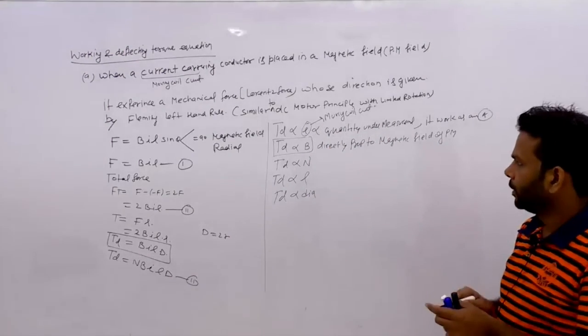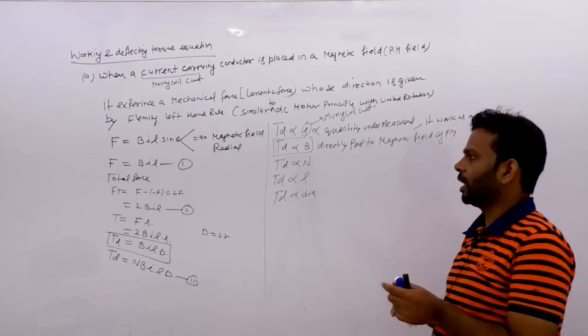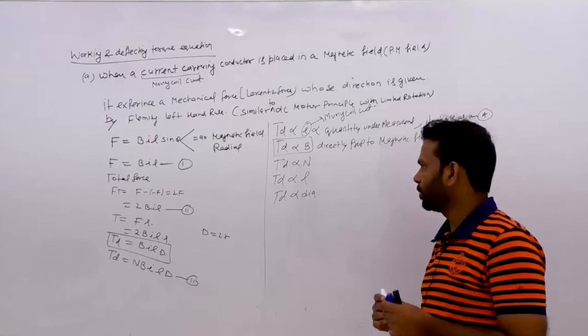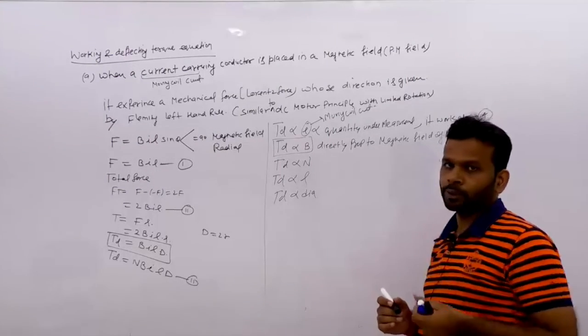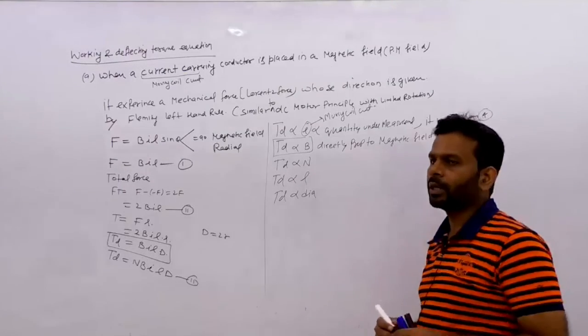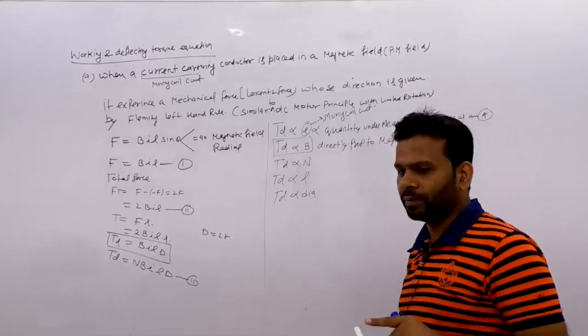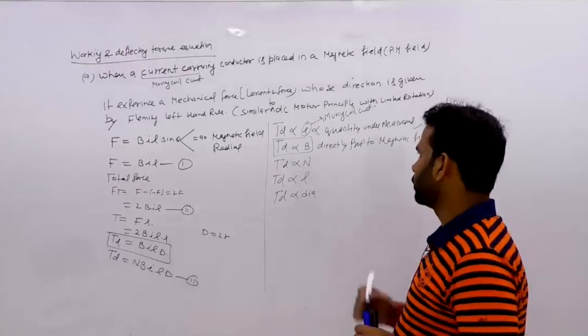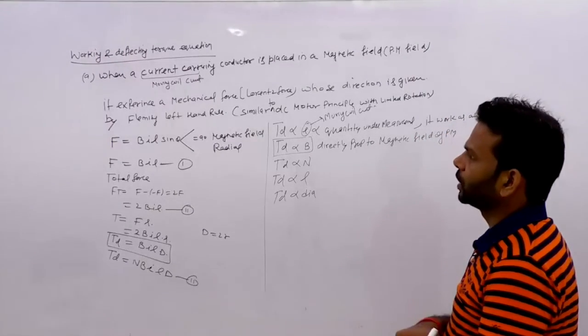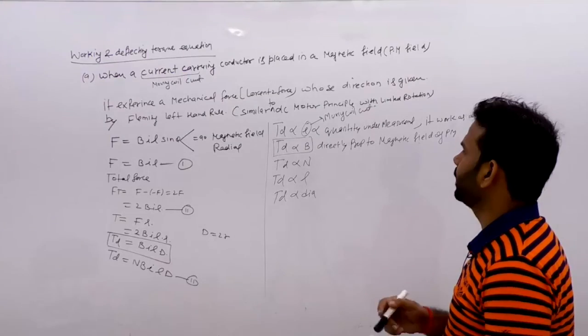Okay. Now, under steady state condition, or under the balance condition, the deflecting torque is equal to the controlling torque, and the controlling torque is provided by the spring, because in case of your PMMC instrument, the controlling torque is provided by the spring.